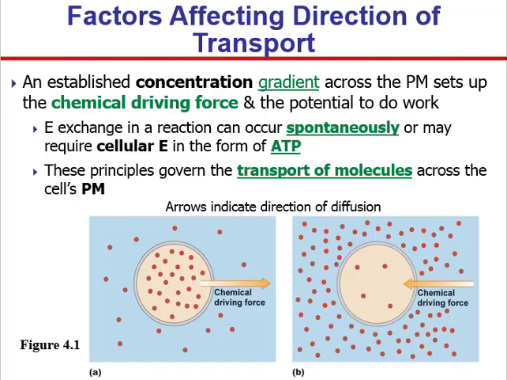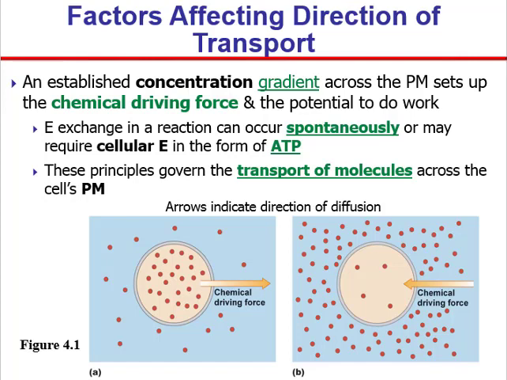So here we are in figure 4.1. And there are many factors that govern the direction of molecular transport across the plasma membrane. So we've got some molecules in and out of the cell shown here in red spheres. Once we have a concentration difference across the membrane, you can see in panel A, there's a higher concentration of these red molecules inside the cell relative to outside the cell.